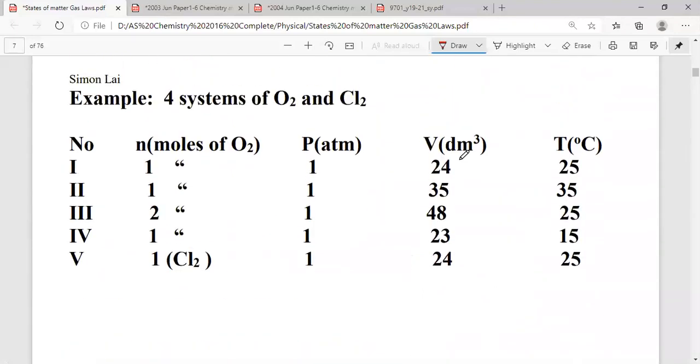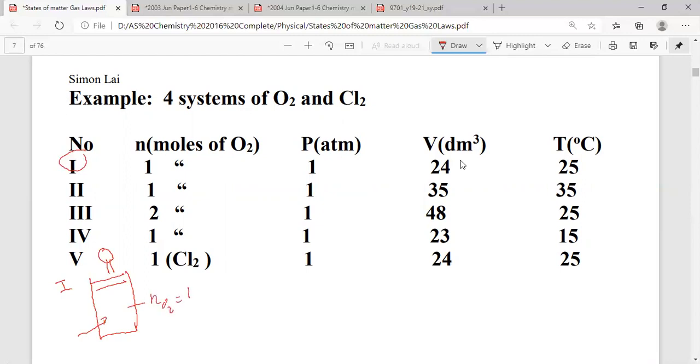Okay, let's say I have 5 experiments. Now this will make you think a bit. Experiment 1. I put into a container, with this gauge for the pressure, 1 mole of oxygen.